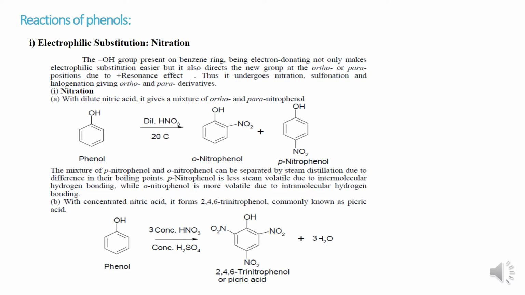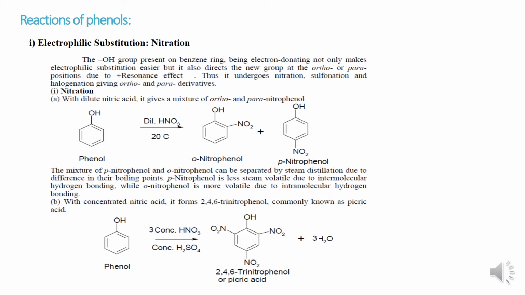Ortho and para positions are the electron rich parts of the benzene ring here, because phenoxide ion formation takes place due to ionization. Phenol is acidic, so it donates protons easily.